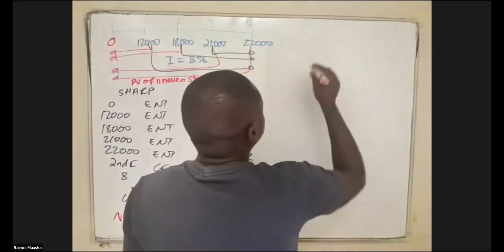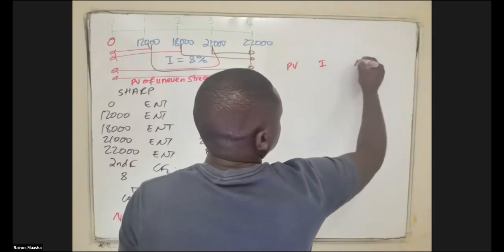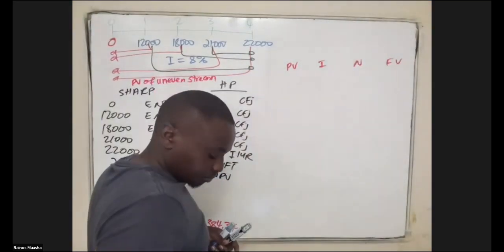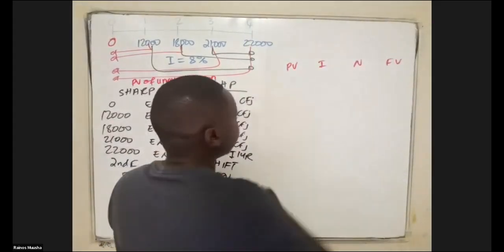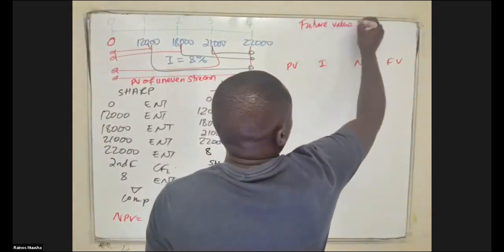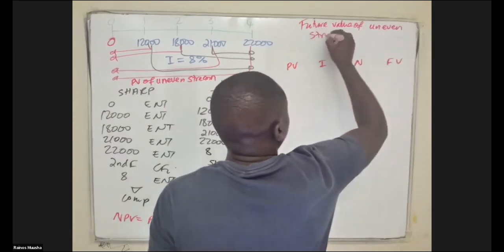So how you find its future value is, you can have a table where you have the present value, the interest rate, the number of periods, and the future value of that amount. So you're going to be treating them separately, if you're asked to find the future value of an uneven stream of cash flows.